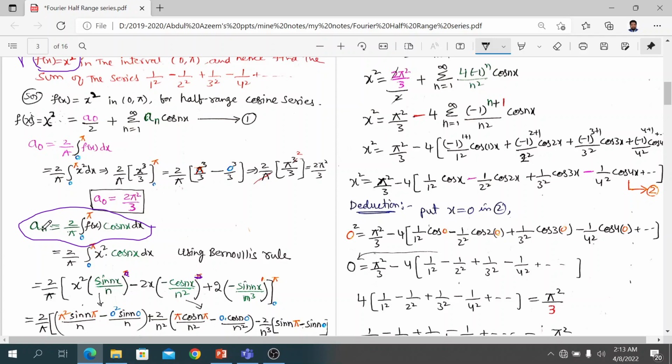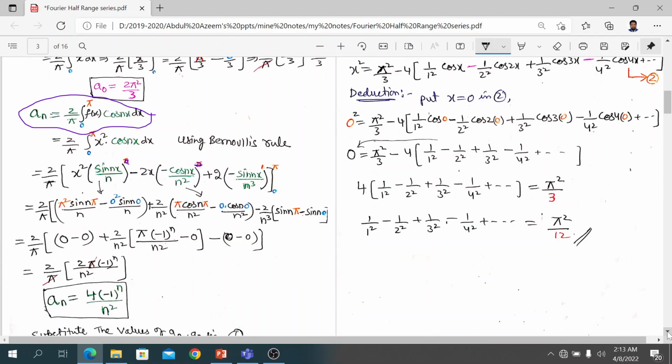Now the an formula is 2 by pi integration 0 to pi f of x cos nx dx. What is f of x? x square cos nx as it is. See here, since multiplication is there, we will use Bernoulli's rule. So what is Bernoulli's rule? Here this is u, that is x square.